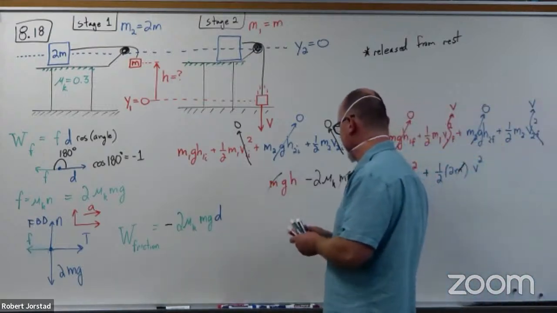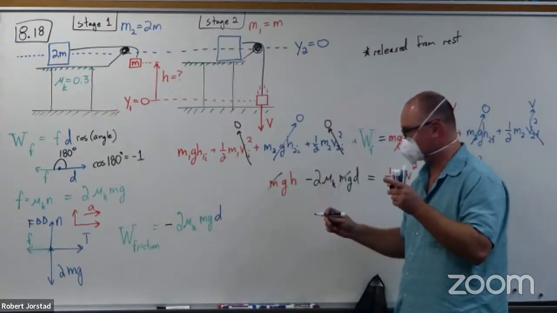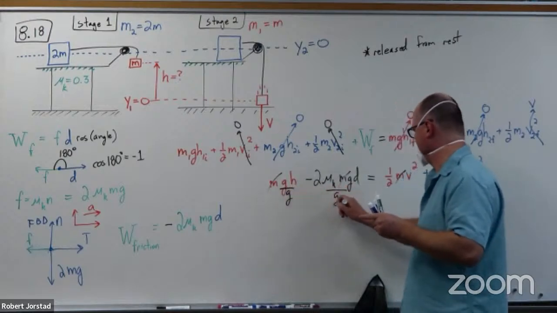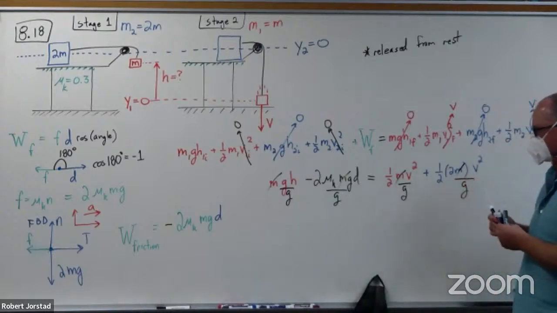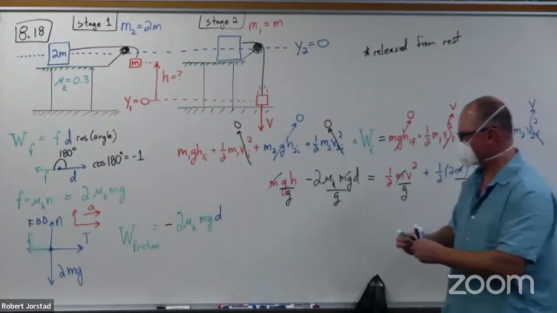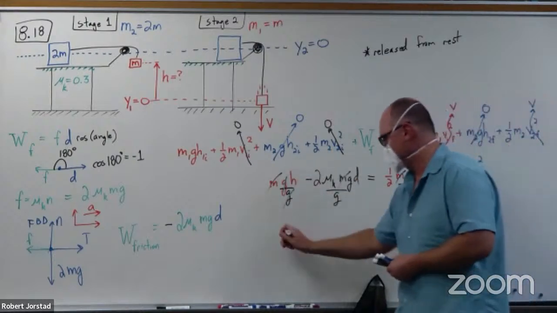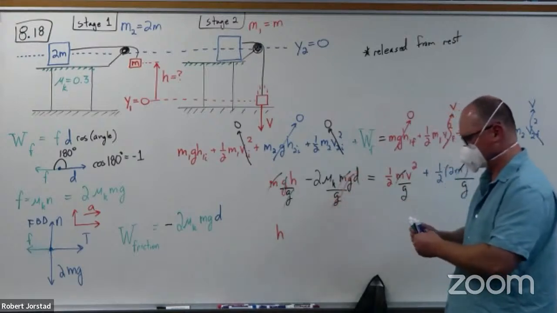You got it. Look at this, everybody. Check this out. You might like this. I'm going to divide every term by G right now. That way, I've got the parameter that I'm looking for. See that? Now I've isolated H almost. I get a G dropping here.